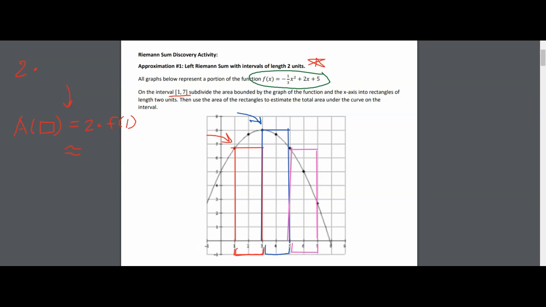If you're on a TI-84, alpha trace gives you a list of y1 through y0. Click on y1, so it brings up this on your home screen, and then in parentheses, put 1. That will end up giving you what that value is. So 2 times y1, or 2 times f of 1, is approximately 13.333. And because I'm in the middle of a problem, I'm going to go to 4 decimal places.